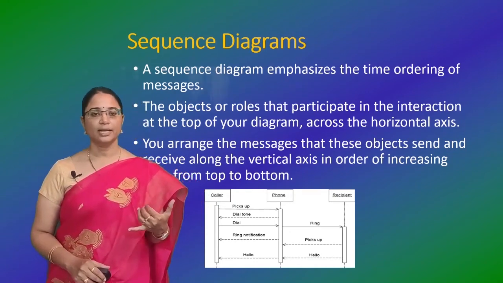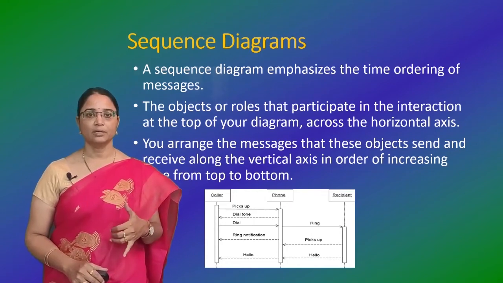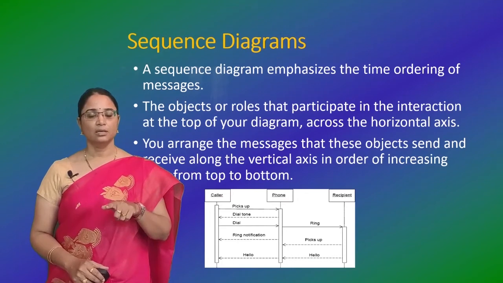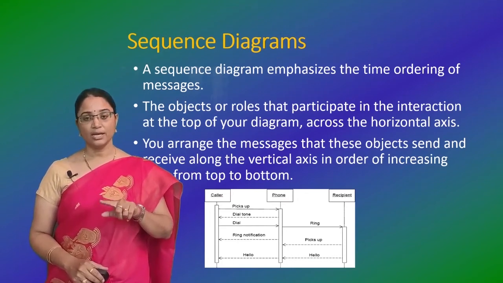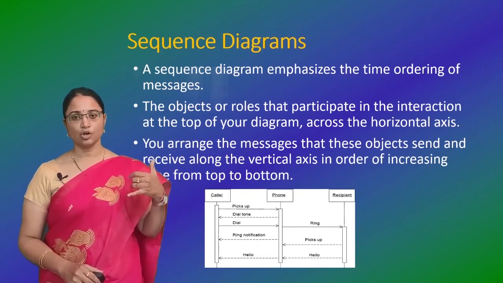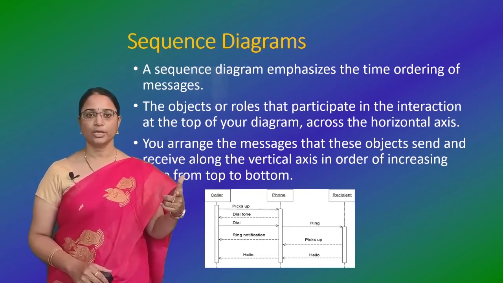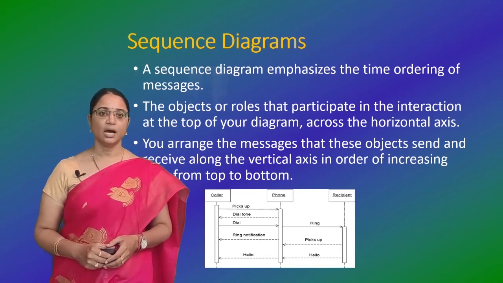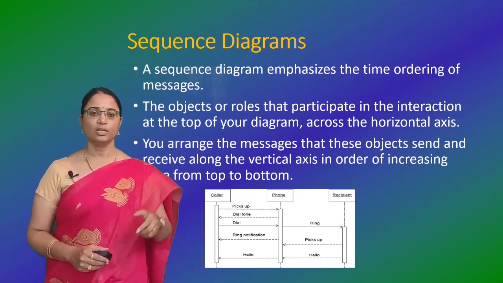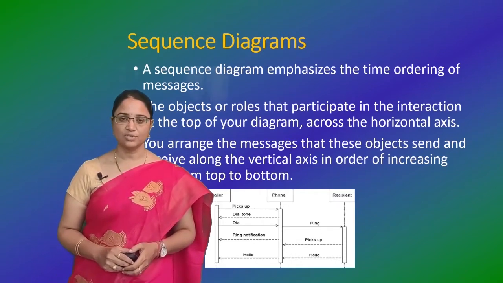If he hears the dial tone, he is ready to dial the number. He dials the number, and the recipient hears a ring sound, and the same notification is heard by the caller also. Even for us, when making a call, we hear a dial tone. After that, the recipient picks up the call, and then they both communicate. This is how the sequence diagram is shown.